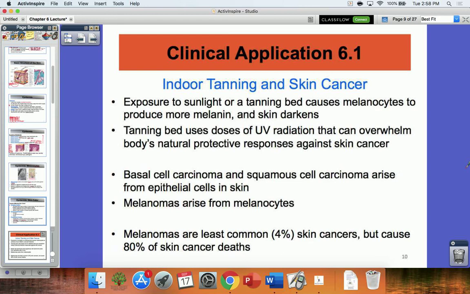And melanoma is named because it is the cancer of the melanocytes. And usually these are going to be like a spot or a mole that has turned a very dark, brownish color, or it may be something that has just started to develop on your skin that you've never had before. That's why it's so important to know your skin, what's on it, and be able to detect changes if there are any.